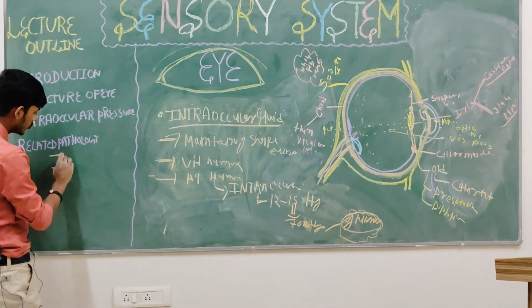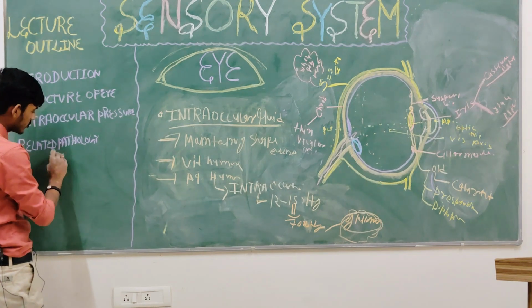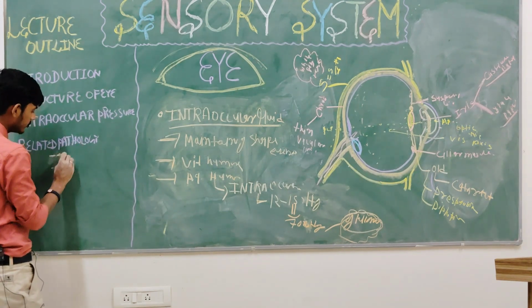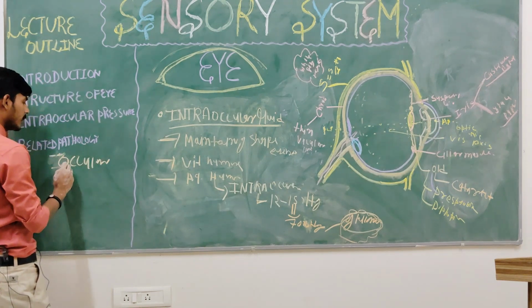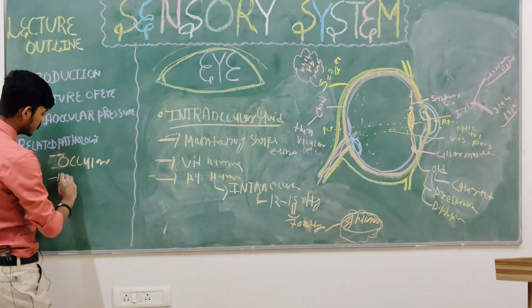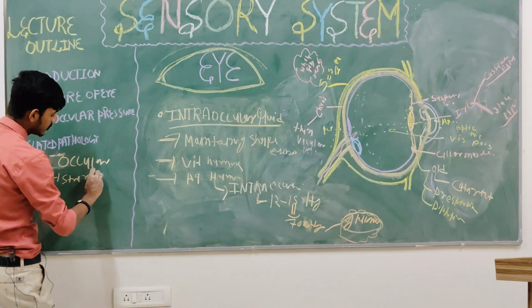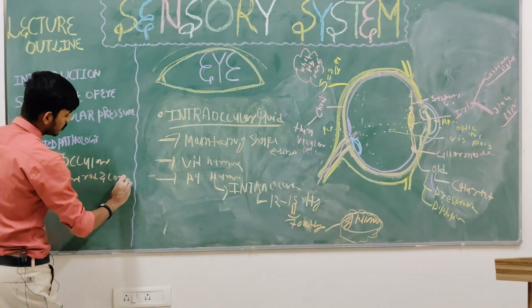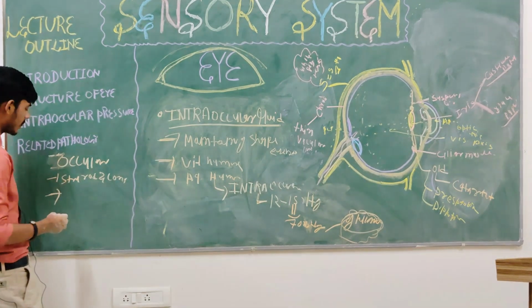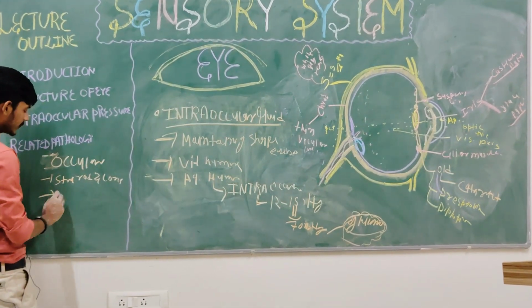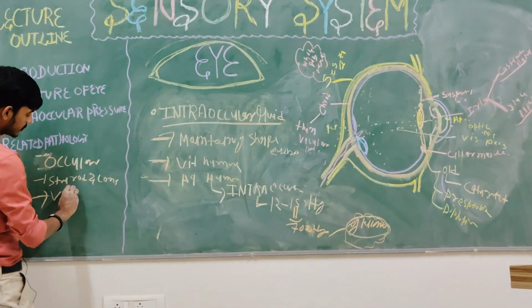The first one is the ocular muscles, and then we will also deal with the structure of the rods and cones, and at last we will deal with how image formation happens, how we are able to see things, that's called the visual process.